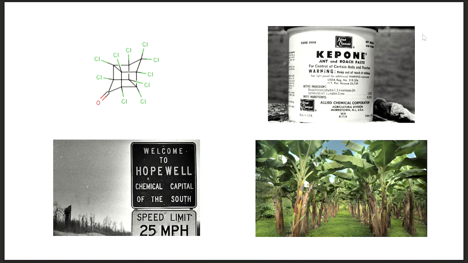So it was known that kepone was not the best compound, or not very healthy. There was a scandal in Hopewell, but there was the banana plantations on Martinique and Guadeloupe. There was an invasion of some insects, and chlordecone was used to kill those insects, but it was not very good for the soil, of course.